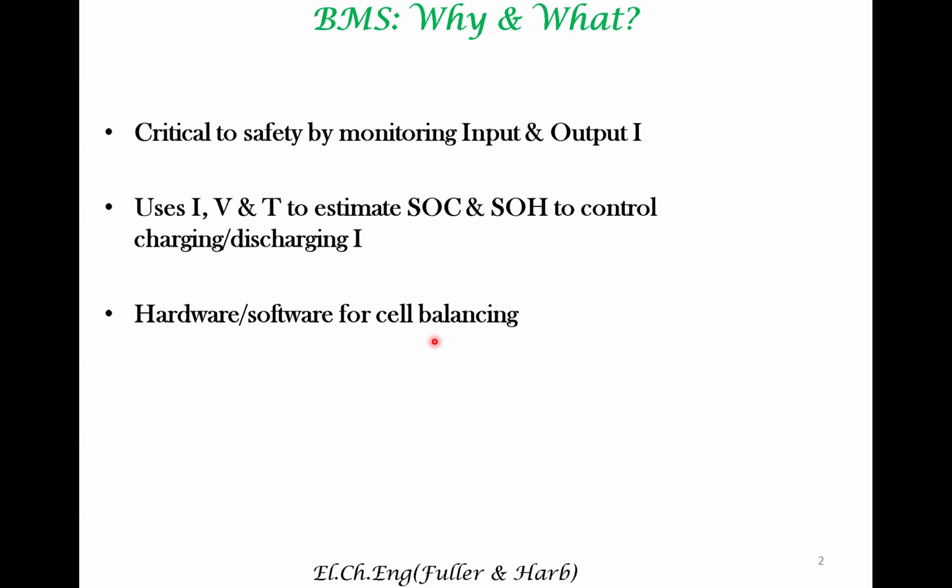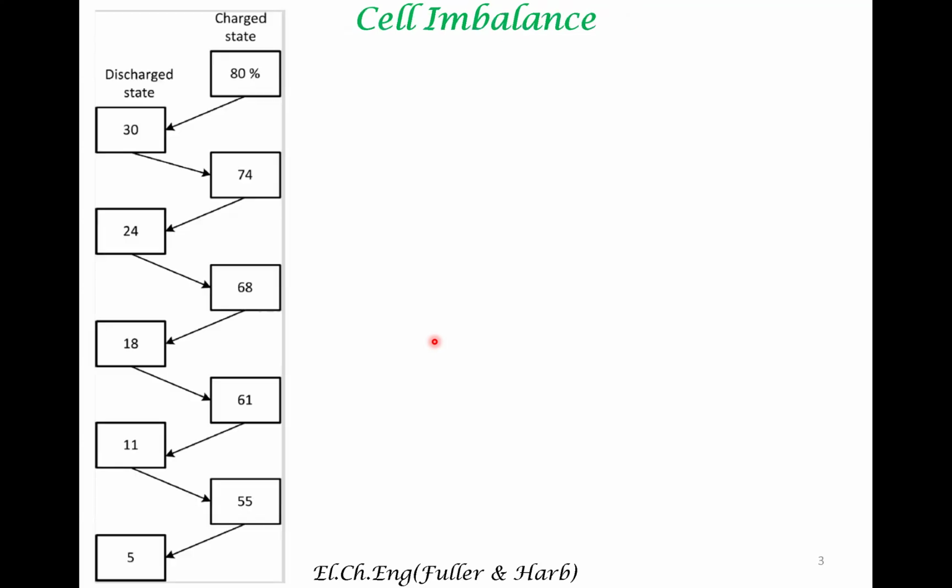That may not happen. So there is a lack of cell balance. For example, one way you can imagine cell imbalance to occur is the following. Supposing you start the battery with the state of charge being 80%, and it is discharged to 30% state of charge. So there is a 50% decrease in state of charge.